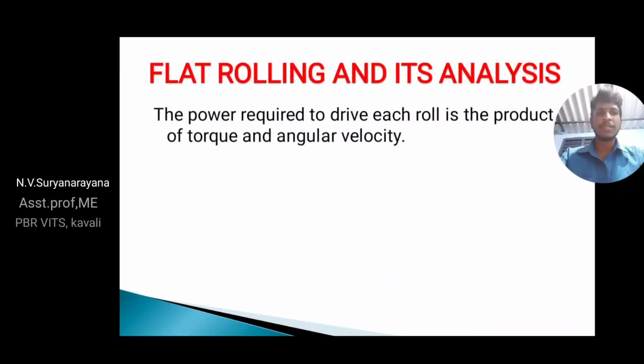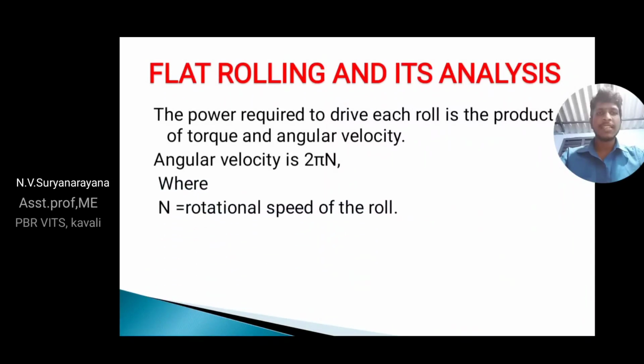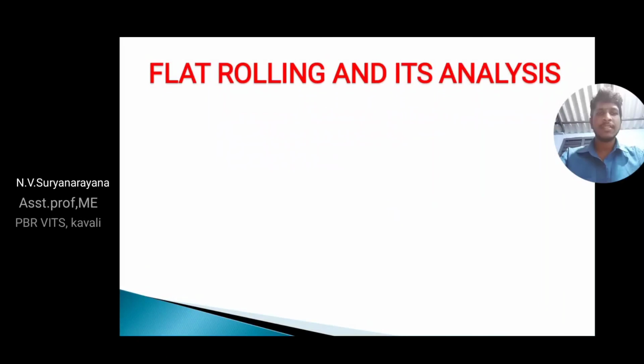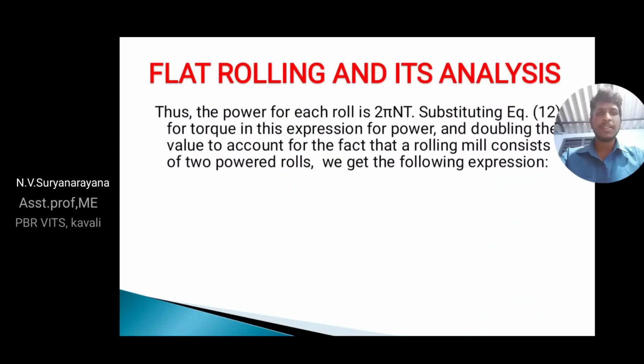The power required to drive each roll is the product of torque and angular velocity, where angular velocity omega equals 2 pi n, and n is speed. After substituting that value in the torque equation, it changes to P equals 2 pi n F L.